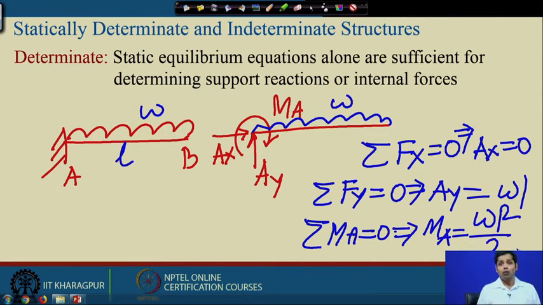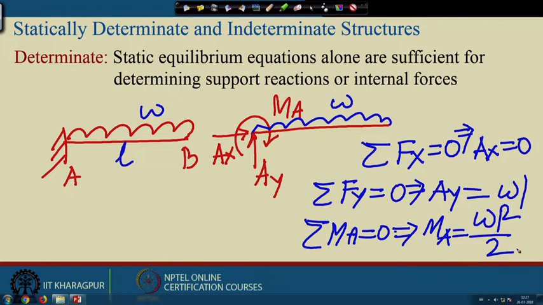So we have three equations and three unknowns, and all of these are equilibrium equations, so this structure is called a determinate structure.